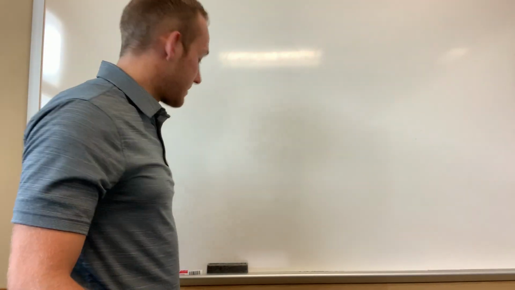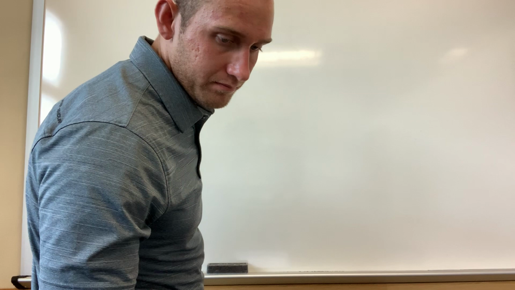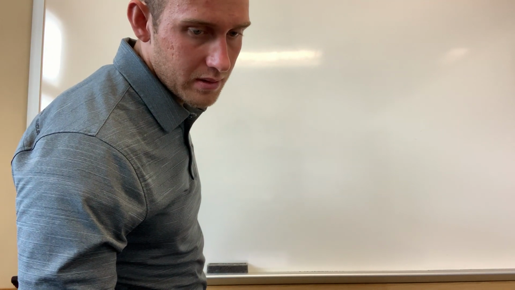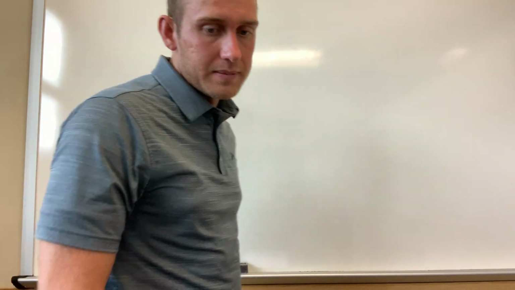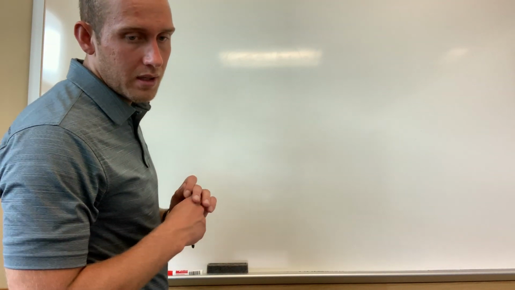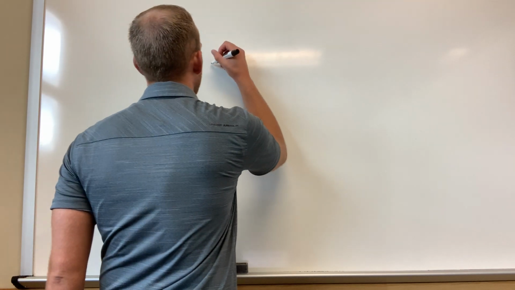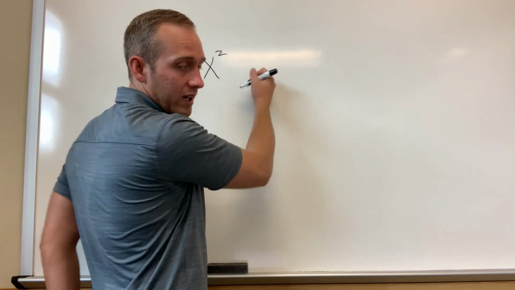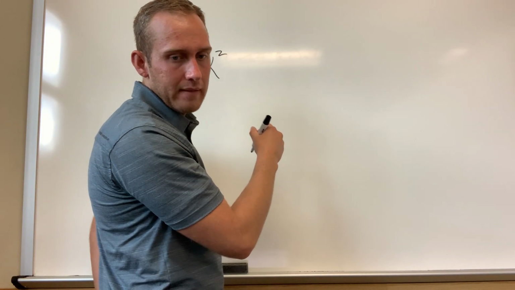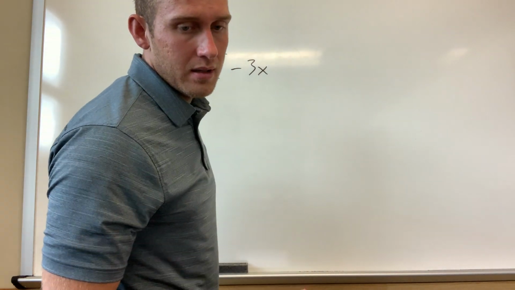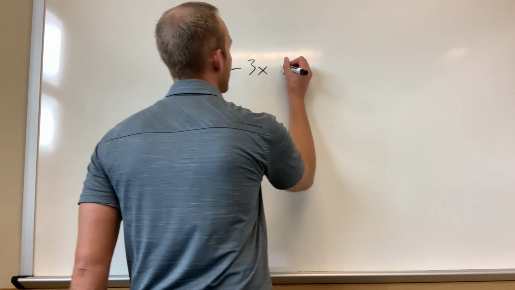So basically that means, let me write an equation down real quick. So we have, let me write it big for you. So x squared minus 3x minus 18.